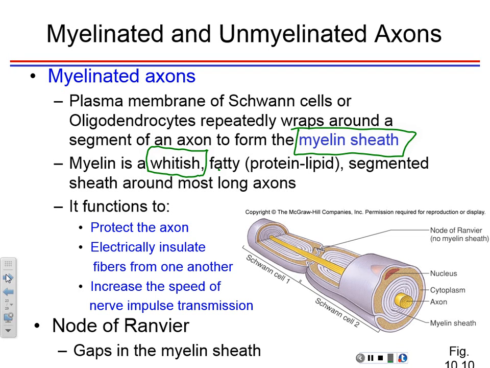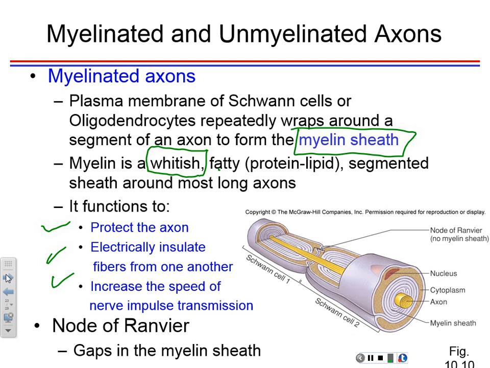So what are the functions? It protects. It also insulates fibers from one another. Remember when I talked about the bundles of axons, which form the nerves? Those will have many different axons of different neurons, so they have to be insulated against each other. It's just like having electrical wires in a big bundle, but having rubber or whatever surrounding each of those, so that they're insulated against each other and don't stimulate each other.